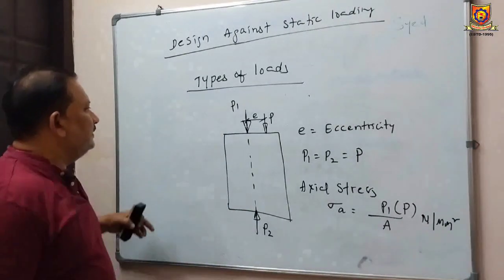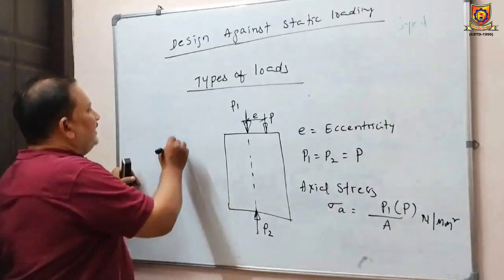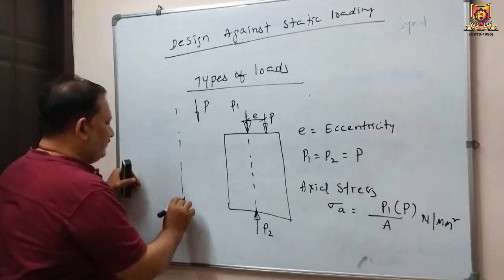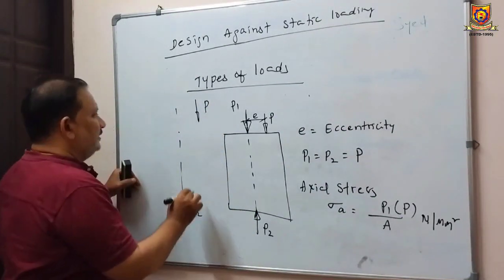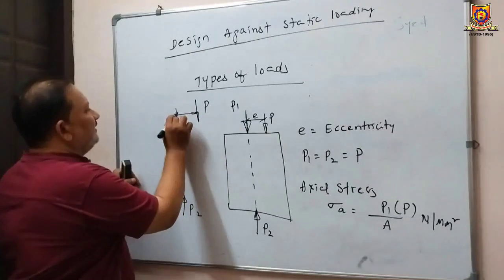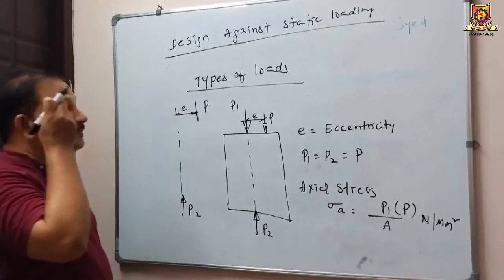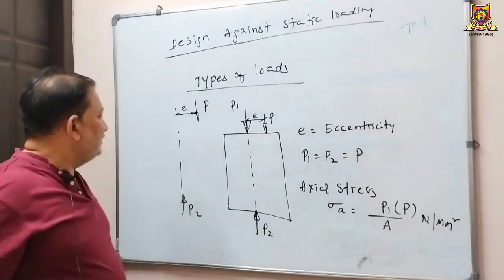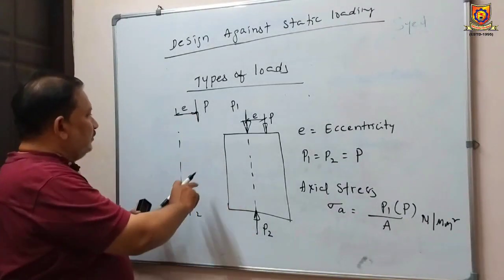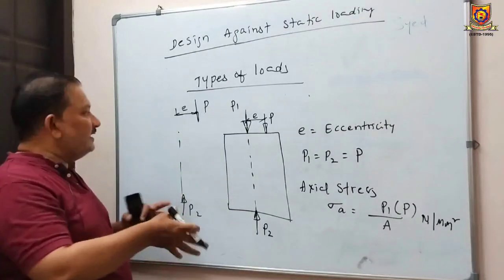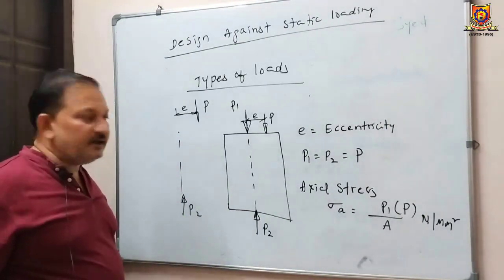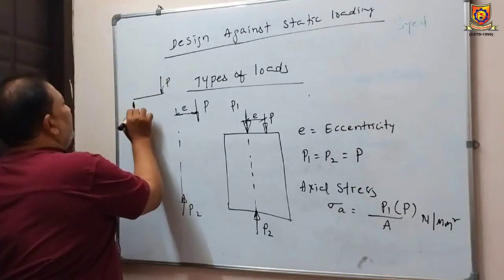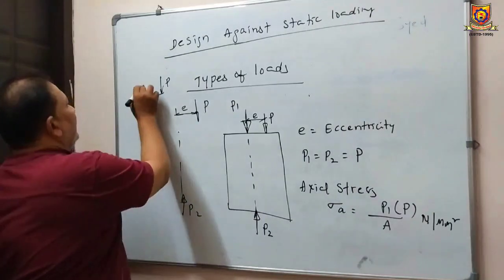Now in this diagram we can find two forces. One is P, another one P2. See, these two forces are separated by a distance E. So this P and P2, they will form a couple.